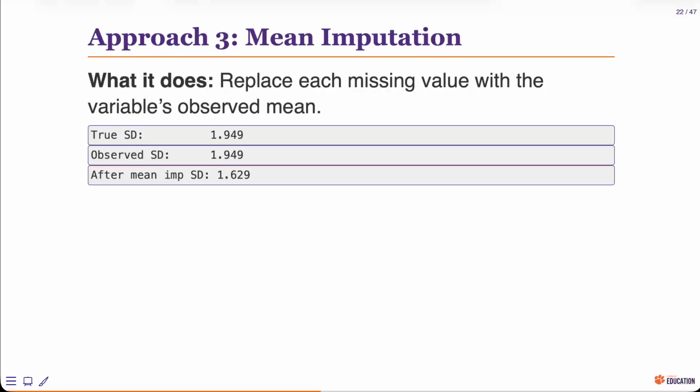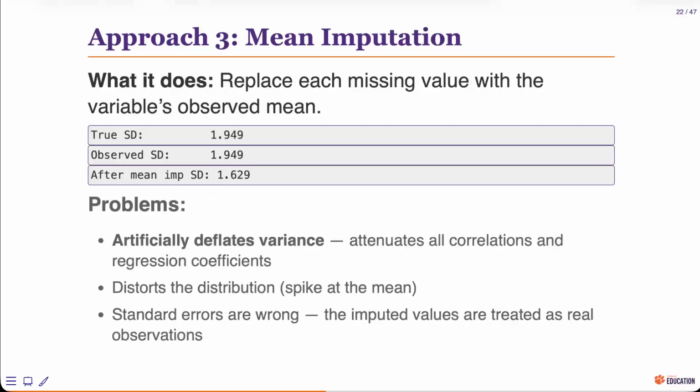Another method that is commonly used, or has been commonly used, is to simply replace each missing value with that observed variable's mean. The problem is that this artificially deflates the variance, because you're plugging in all variables with the same value. That same value has zero variance itself.